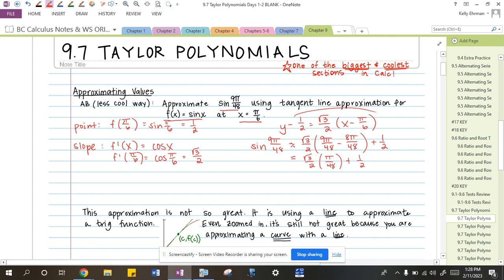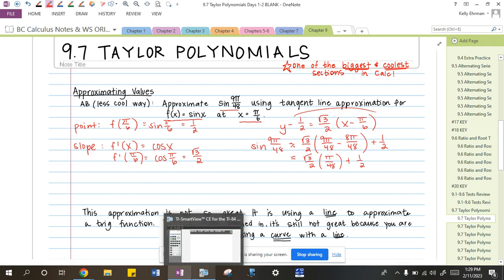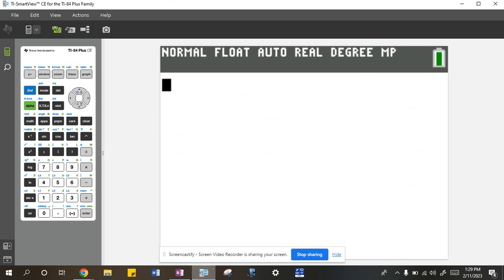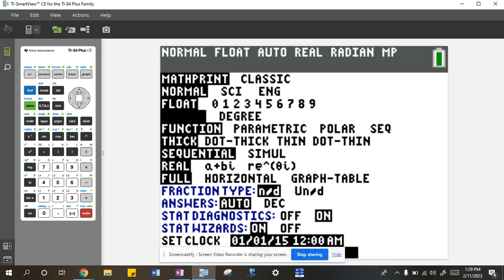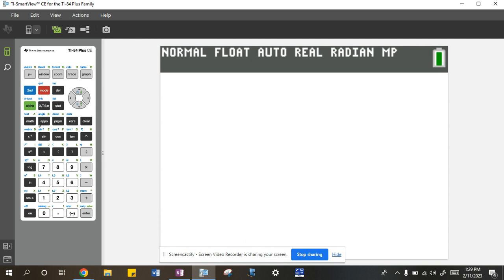And if we want to see how far off that is, because we're only 1 pi over 48 off from that point of tangency, we can pop this into our calculator. Let's see, I've got to switch to radian mode. So we want to evaluate and see what this comes out to.